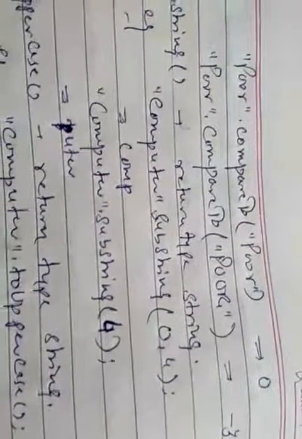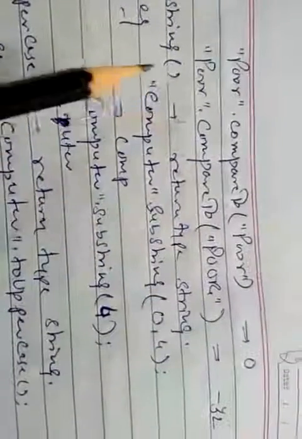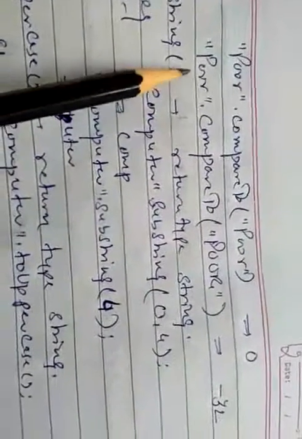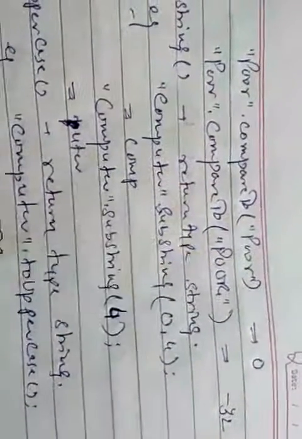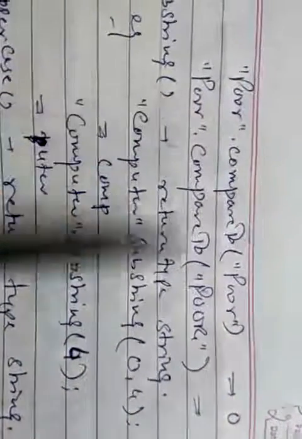Small p and capital P, so the value differs. Here is the small o and this is the capital O, so we will get here the answer 32, because the ASCII value of a small letter is more as compared to a capital letter.